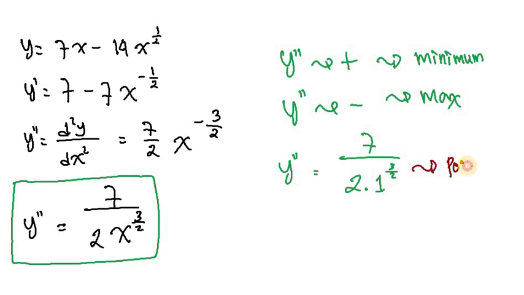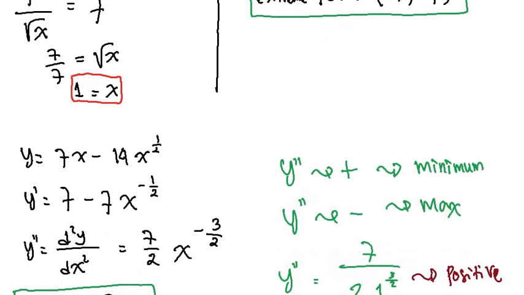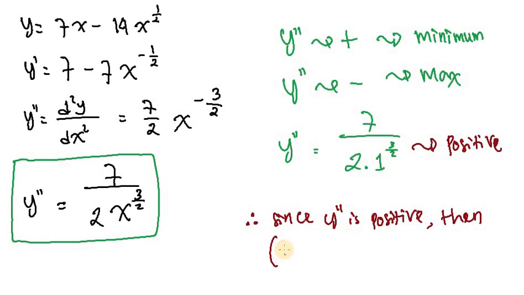So since y double prime is positive, then the extreme point 1, -7 is a minimum point. Okay, that should be the answer.